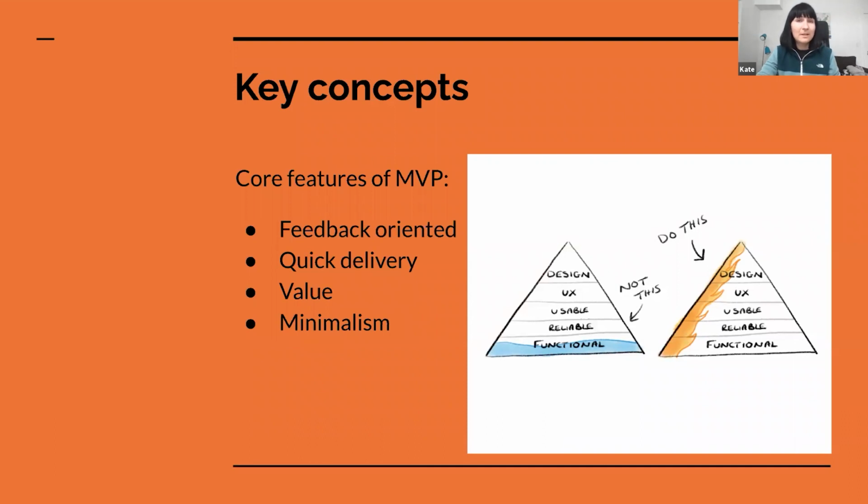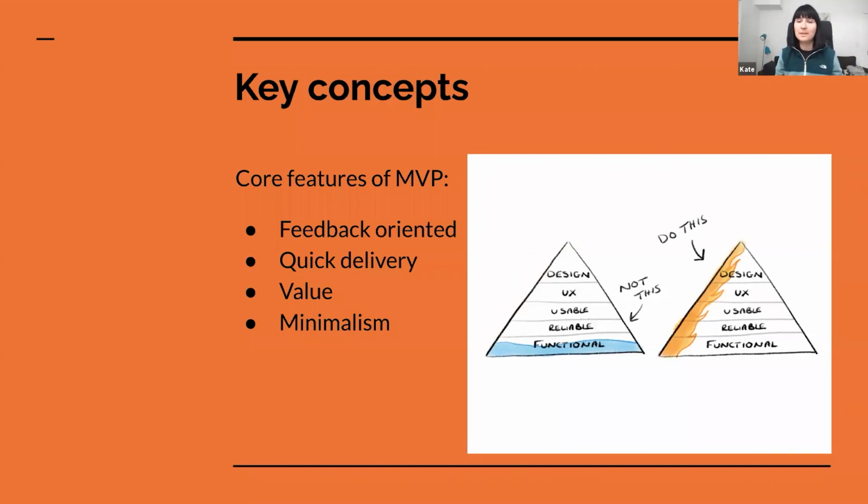So with that, let's review the picture on the right. Don't build an MVP that is a bunch of functionality but doesn't have a good design and user experience. Your product should be secure and reliable, especially if that's not a complete innovation.